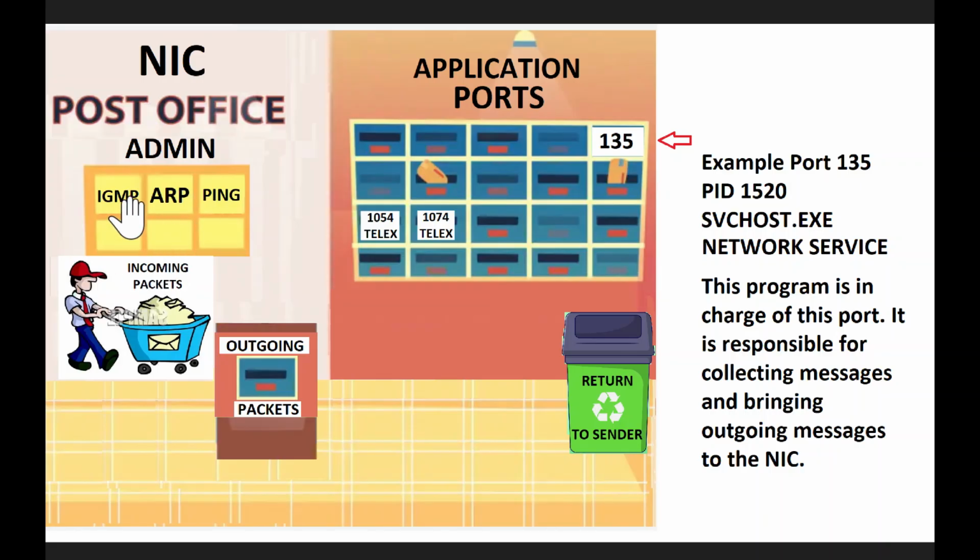Same with ping or IGMP or any of those kind of things that are in-house post office related for the mother system. The rest of the packets, when they're sorted, will have to go to an individual port, so that the application that's expecting that information coming in can then retrieve it and take it back into their world and do whatever they're going to do with that information.